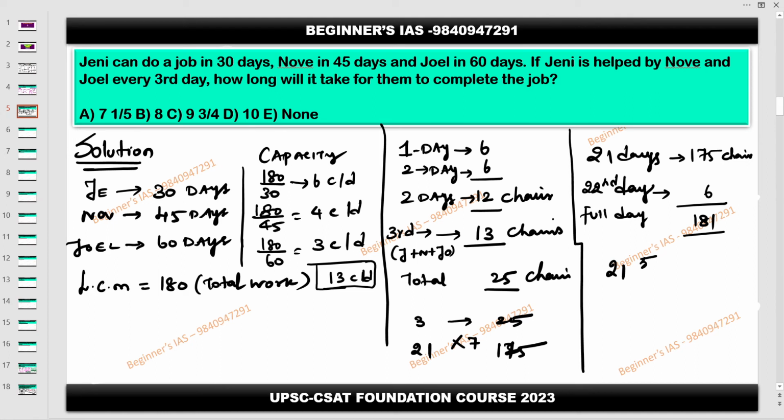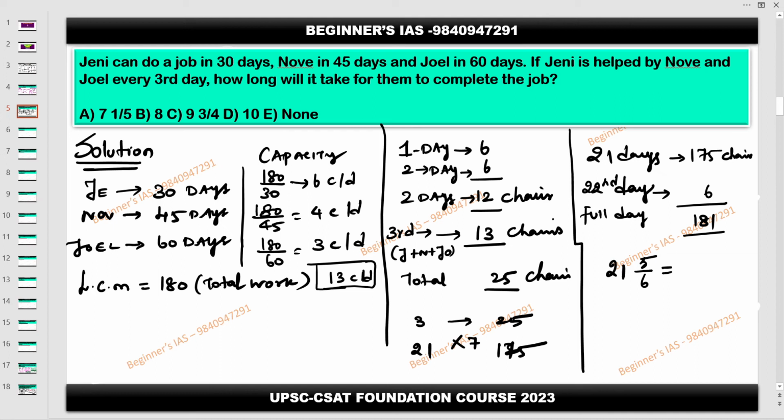Then what is the answer for this question? E. Why E? Cross multiply. E is the answer. Yes, sir.